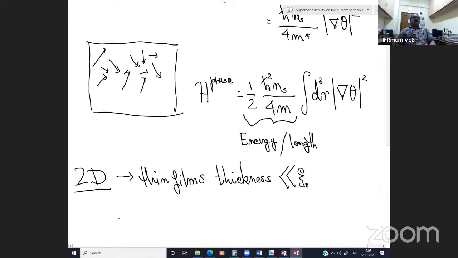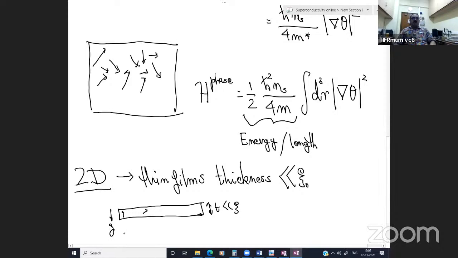Okay, now in this case you can see that if I had a thin film like this, the thickness is smaller than the coherence length, then I can have a lot of phase fluctuations here. I can twist the phase like this, but I cannot twist the phase along this z direction.